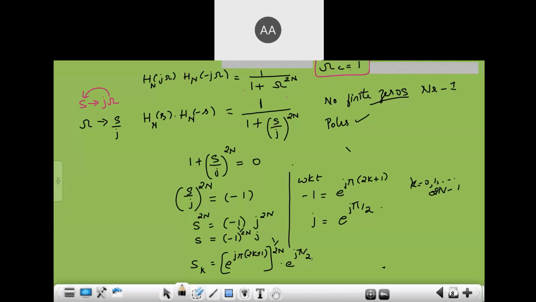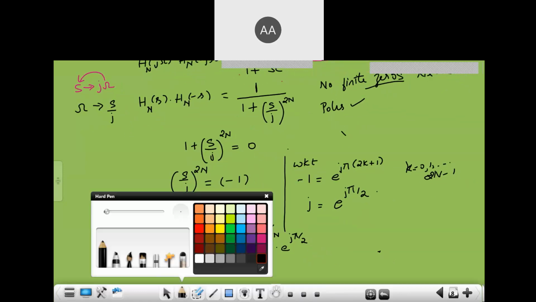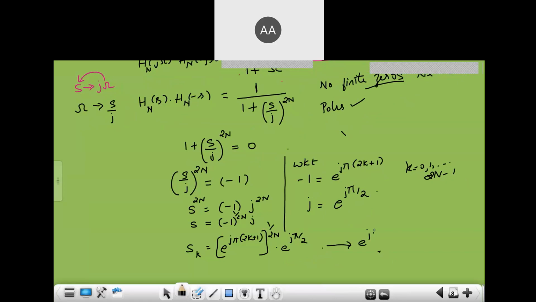Now you add all these powers and write it as a single exponential term of the form e power j theta k. What is the theta k value? You add all the exponential powers, so you will be left with e power j pi 2k into 1 by 2n, so e power j pi k divided by n.